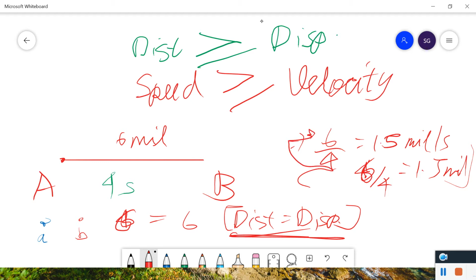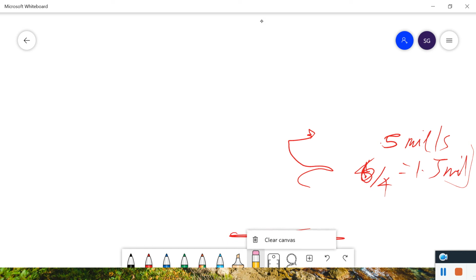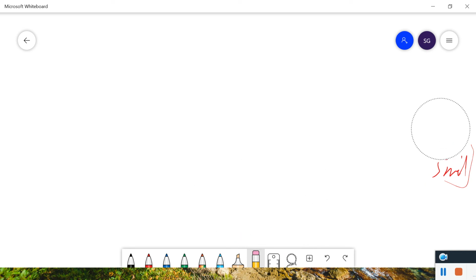Okay, so now I am clearing the canvas. Now take a very practical example to understand the problem better. It's a type of question or example, whatever you can say.